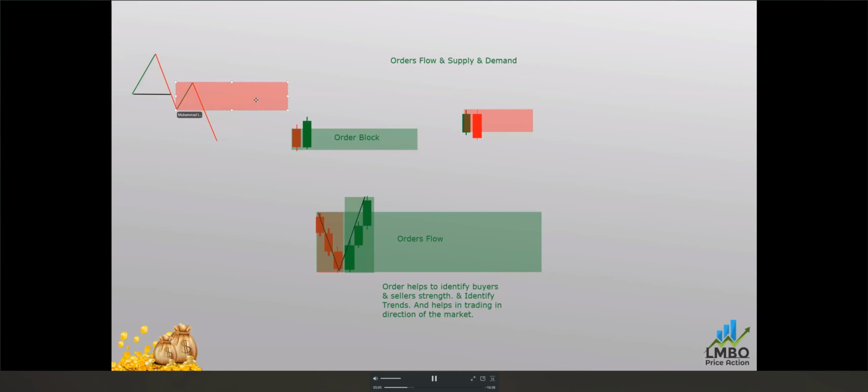Until the buyers control the flow, it will continue the downtrend. Here you will find the buyers will enter, and then the sellers will continue down again, and the flow keeps exchanging again and again. So which trend is going on? The trend is the downtrend. But where you find the buyers control them, the trend will shift.